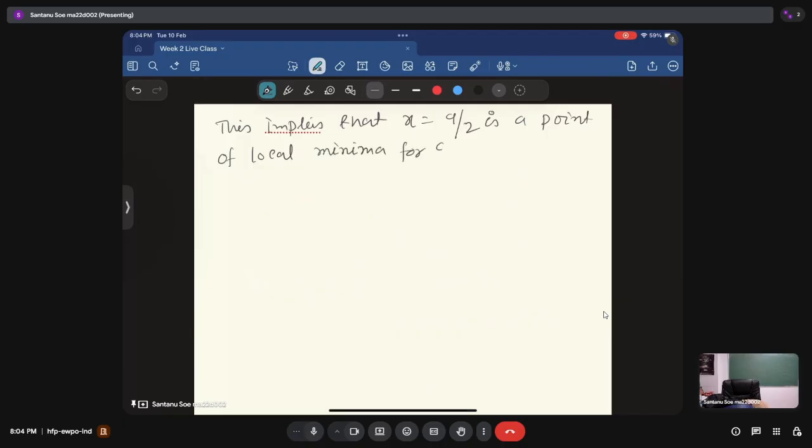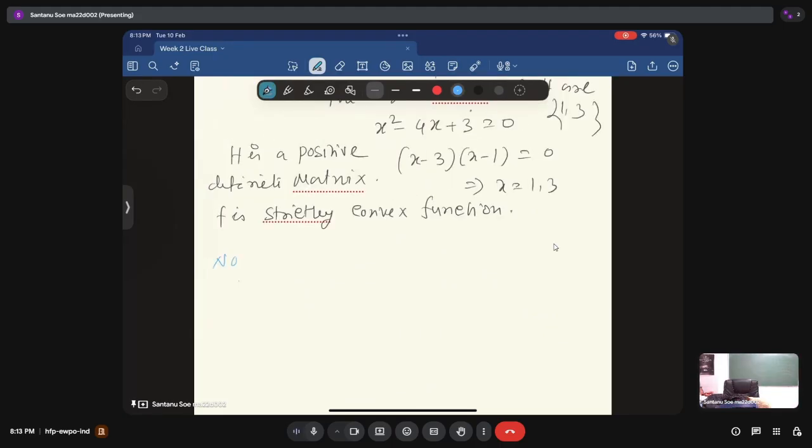Okay, and (9/2, -3) is a critical point of f. So check the behavior, or check the points on the boundary.